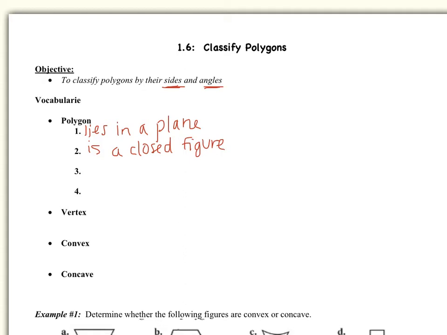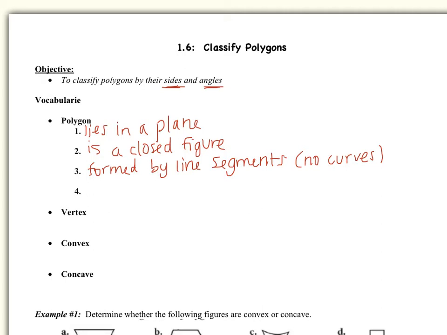Okay, a polygon is formed by line segments. And line segments are always straight. So in other words, this is saying a polygon does not have curves. So a circle is not a polygon because it has curves.